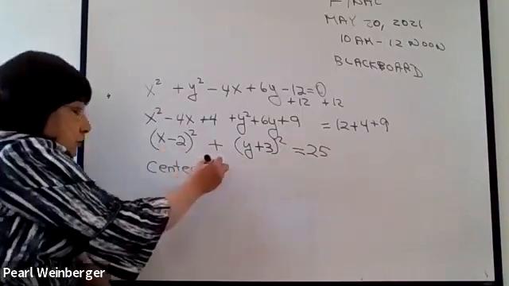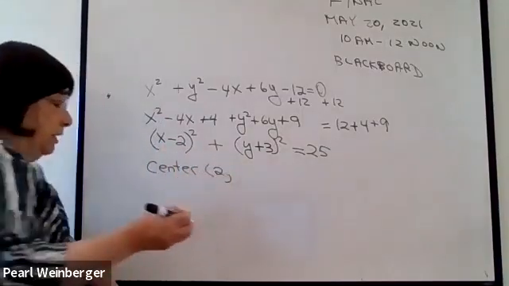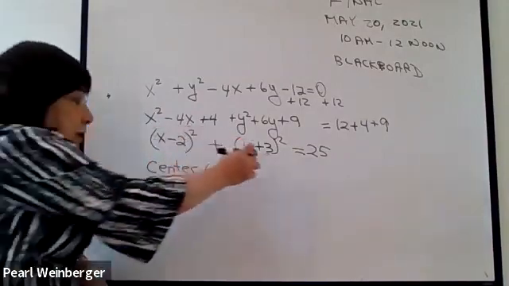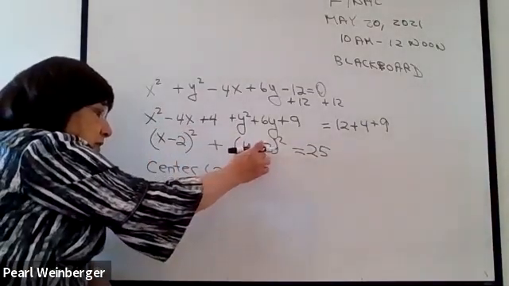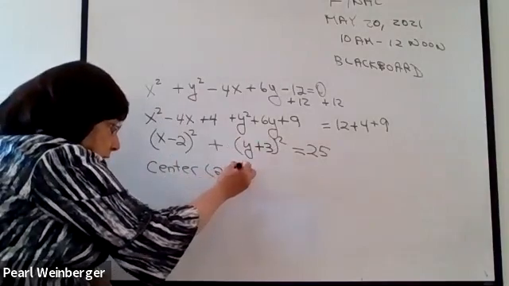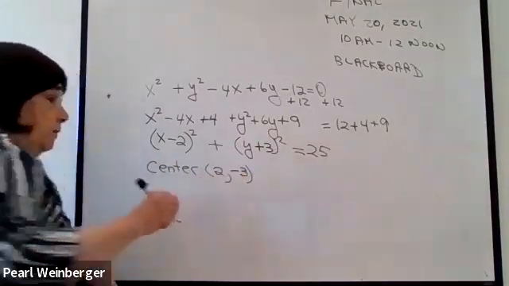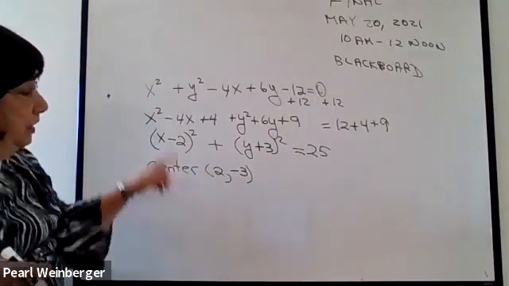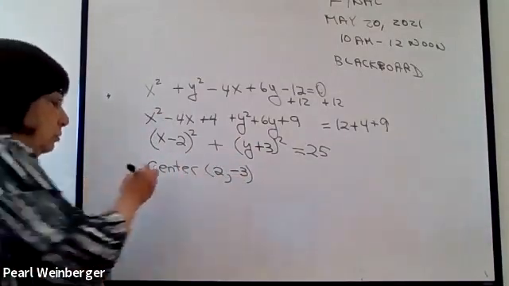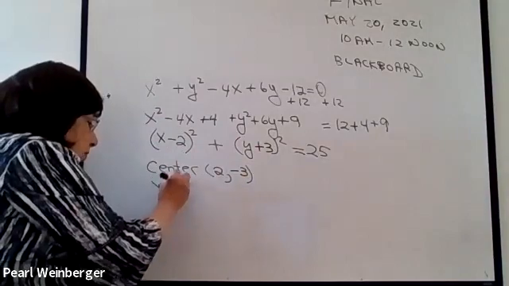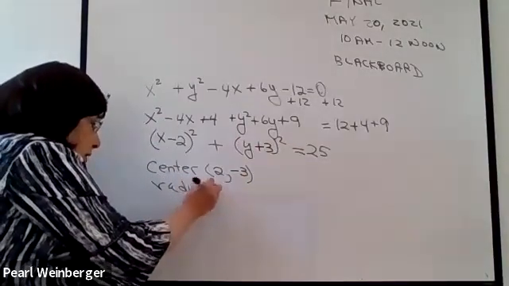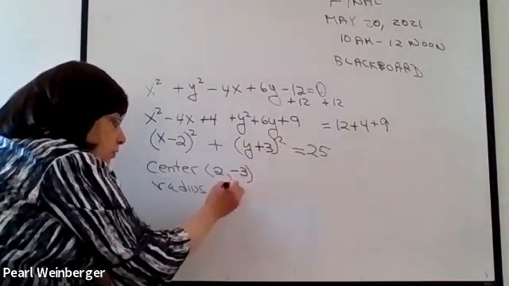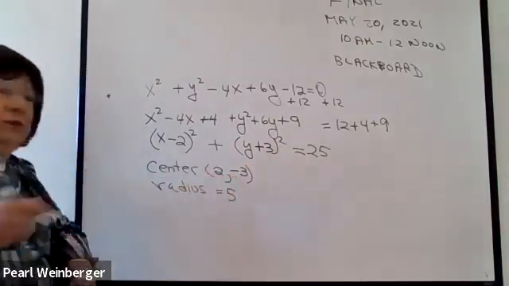This is a -2, so the number becomes +2. That's the x of the center. For the y of the center, I take this number, switch its sign, and that gives you the y of the center. So 2, -3 is the center of the circle. And the radius of the circle is the square root of this number. The square root of 25 is 5, so our radius is 5.